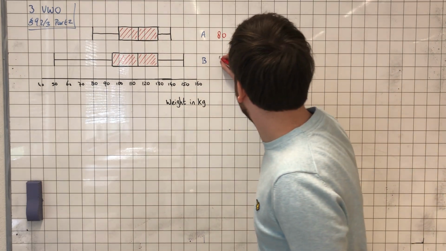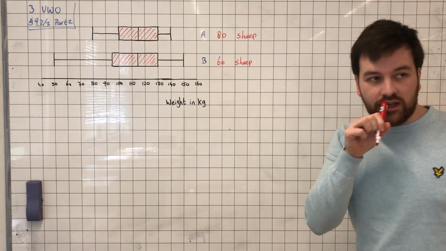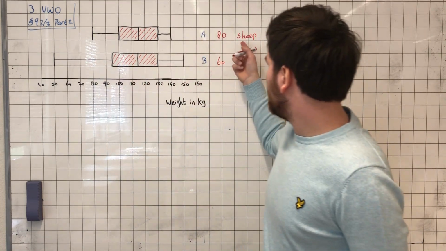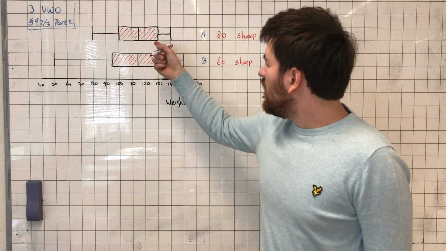He has 60 of them. Then I could ask you, who has more sheep? And then, because you know these numbers, it's obviously A.